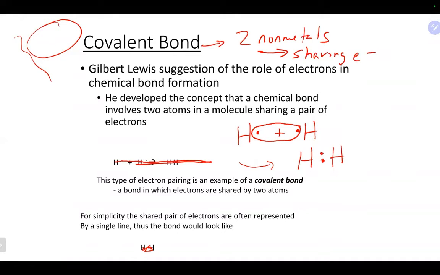Those electrons in the middle count for the hydrogen on the right, and they also count for the hydrogen on the left. So they count for both of them. And that means that technically, by sharing electrons, each of the hydrogens has two electrons.